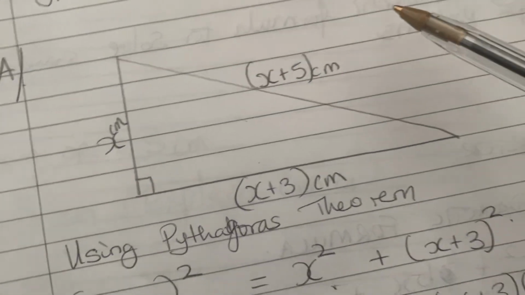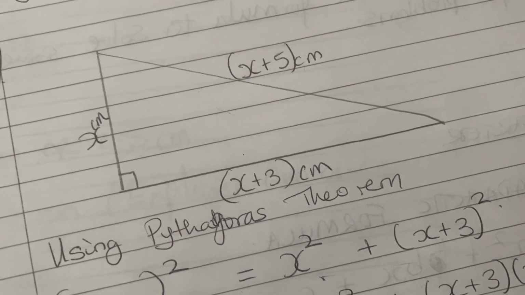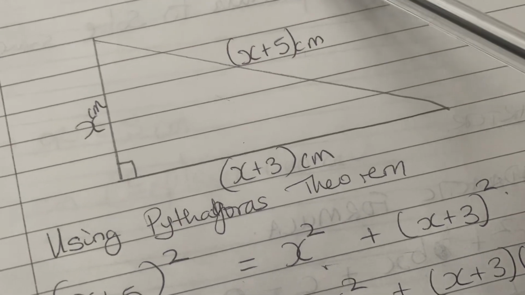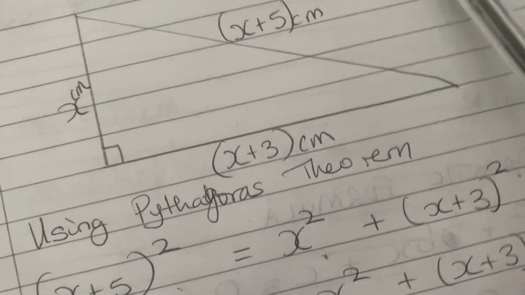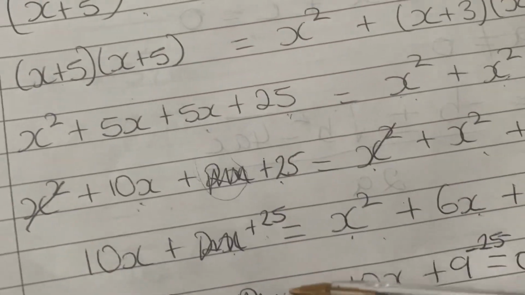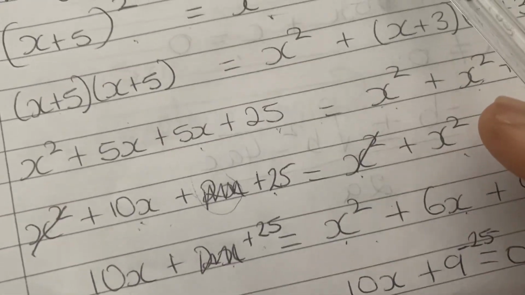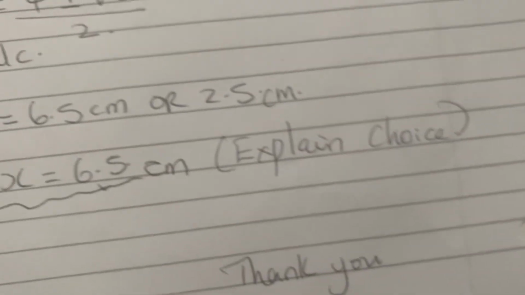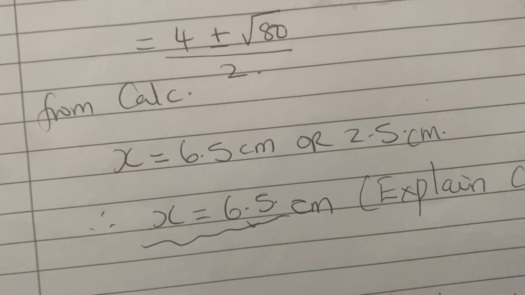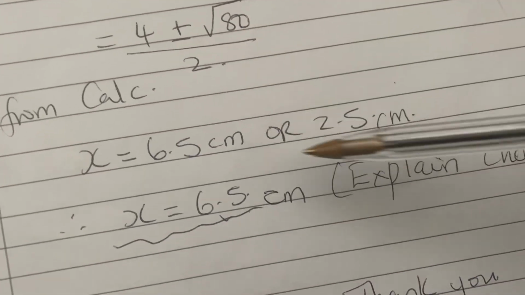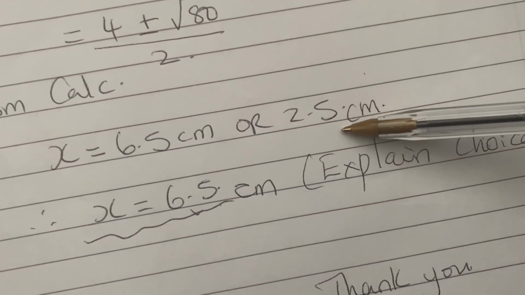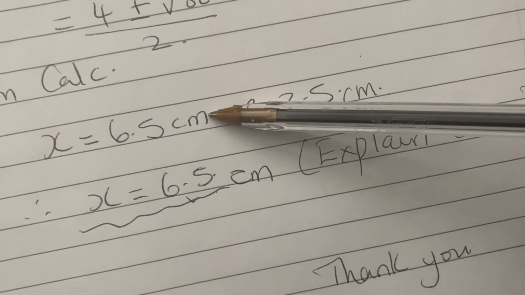So by looking at the question and looking at the wording, I'd rather go with the highest figure, because x, when I finish solving, is either 2.5 or 6.5.